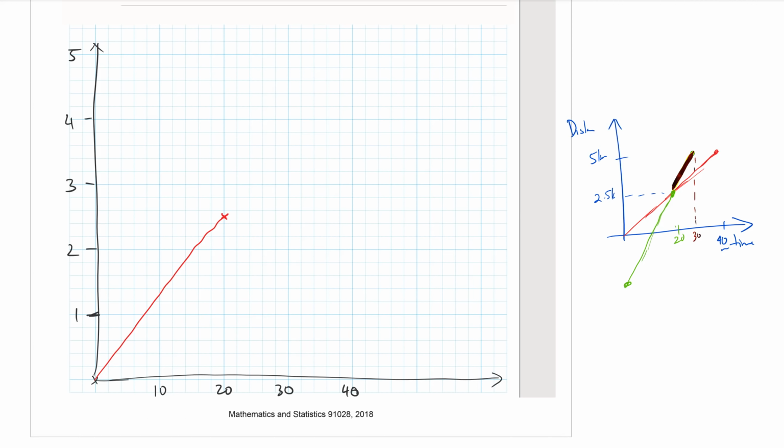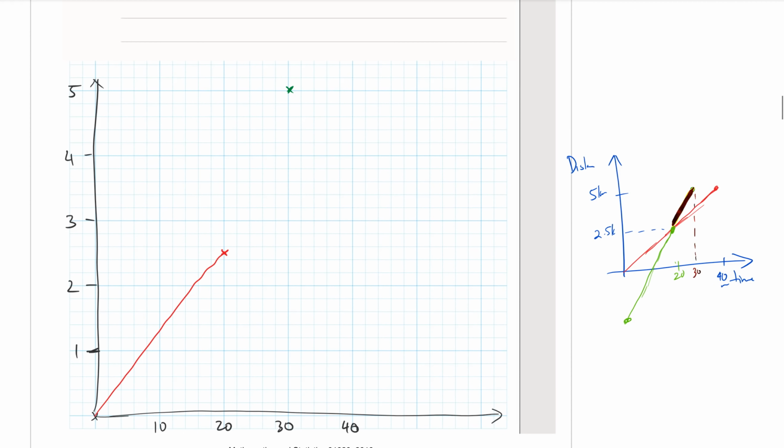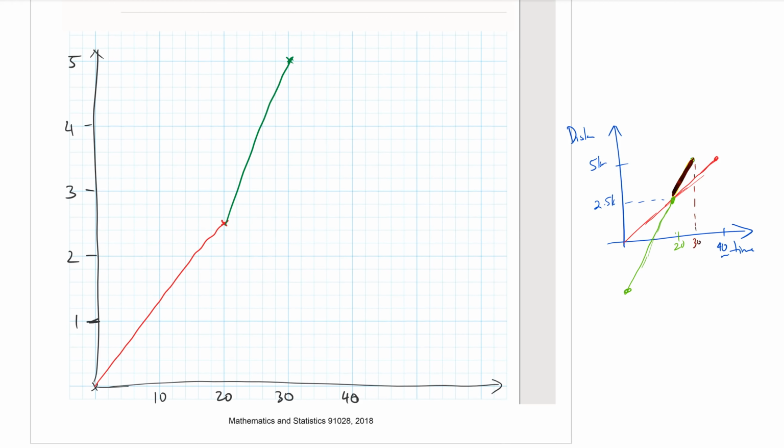And then we also know when Emma and James join together, they take 30 minutes to reach 5 Ks. So it's going to look like this. Okay, I know it's not the best diagram, guys, but please make sure that you use a ruler for this. Now, we also need to figure out what was Emma's speed before meeting James.